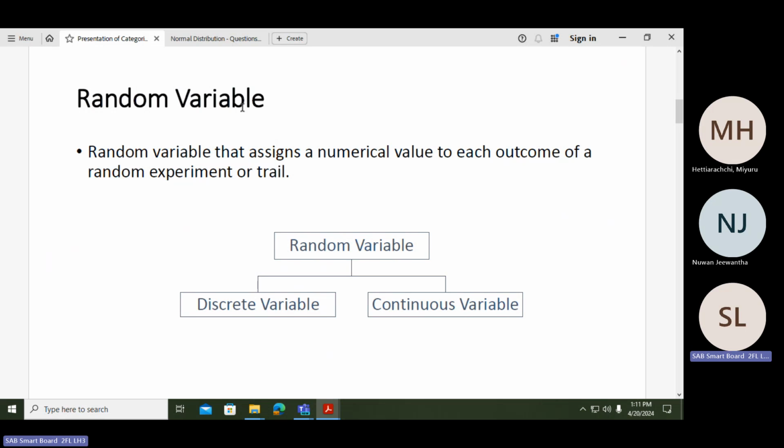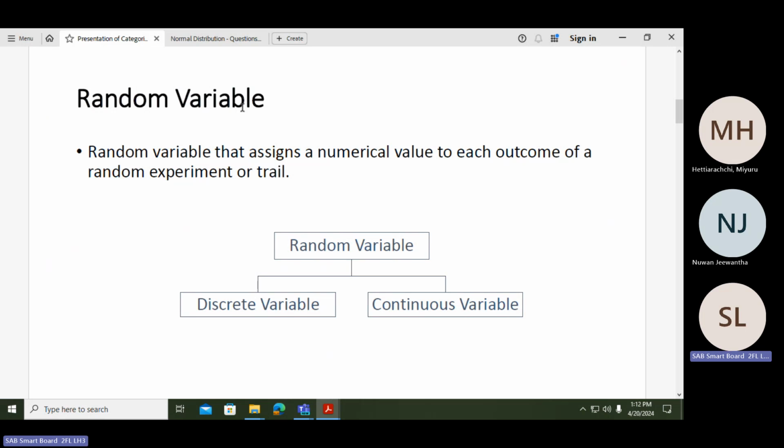In the probability lesson we discussed the random experiment. Remember? Random experiment means what? What is a random experiment?